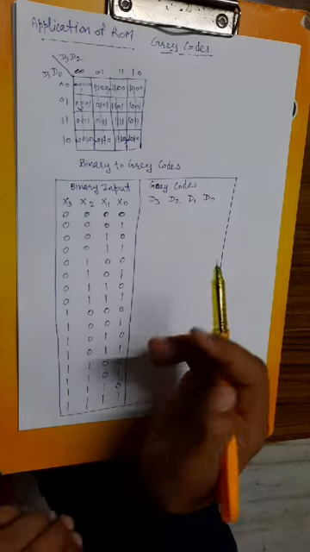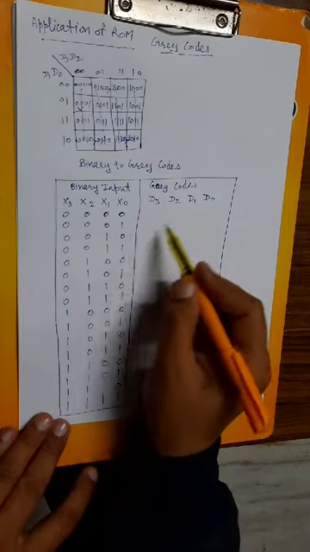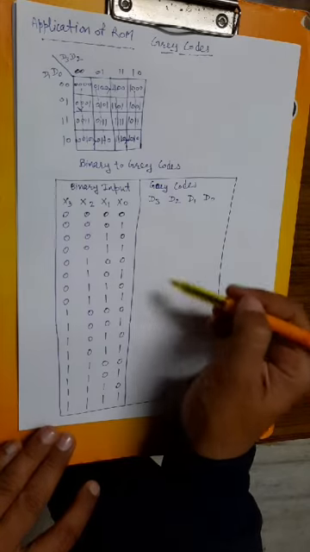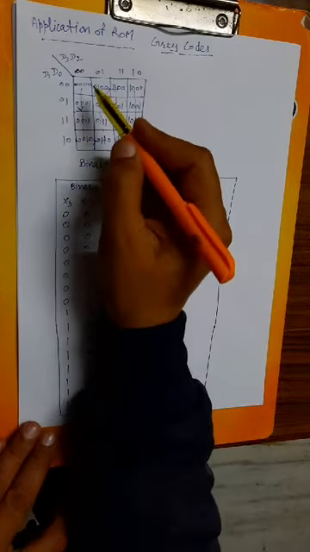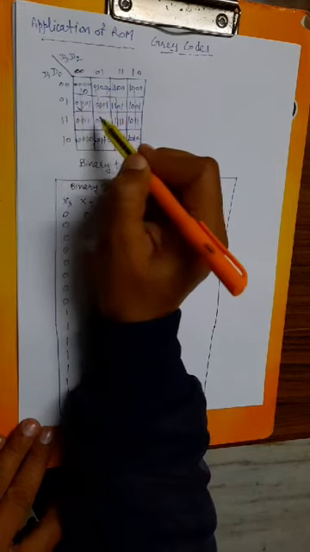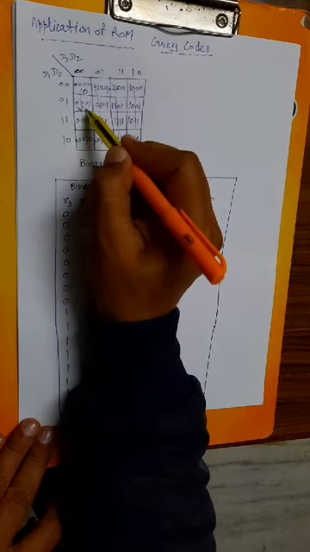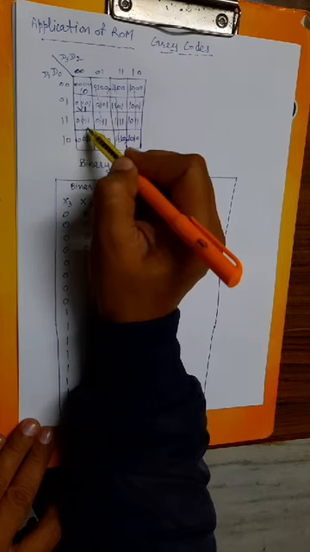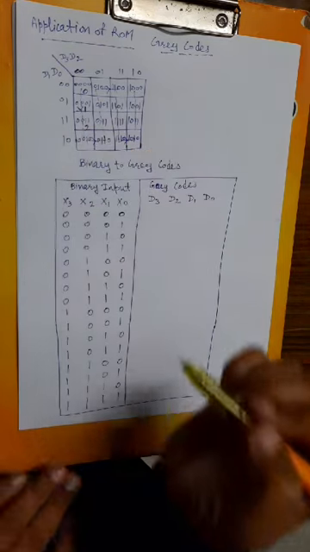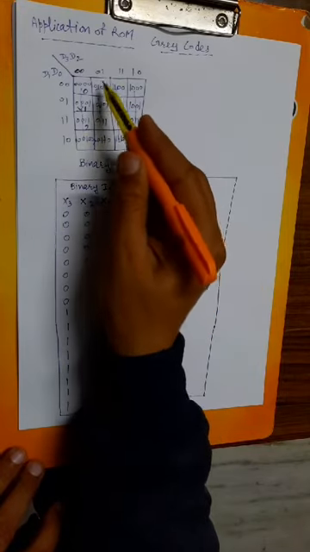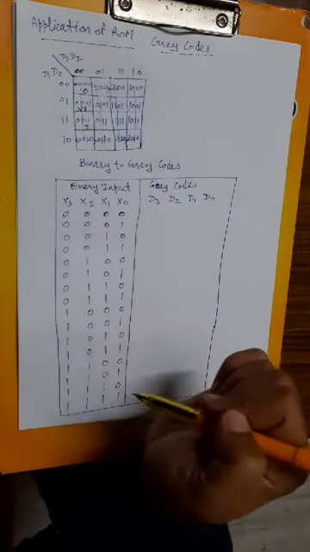And in front of these, we collect all the gray codes. We should know that the first code corresponds to the decimal equivalent of 0, the next code to decimal 1, the next to decimal 2, then 3, 4, 5, 6, 7, 8, 9 in this way.